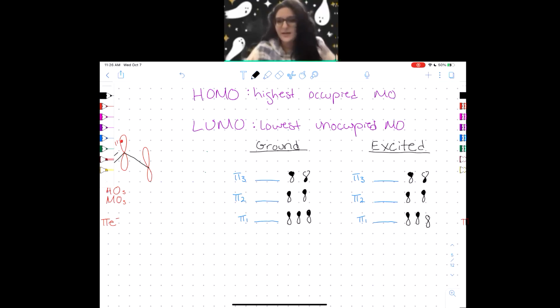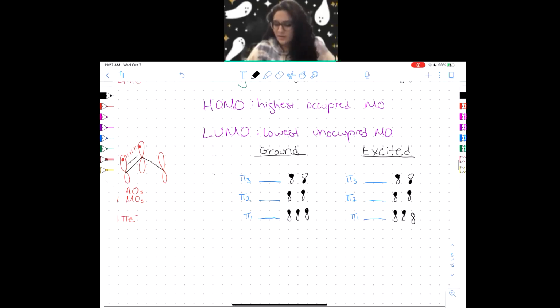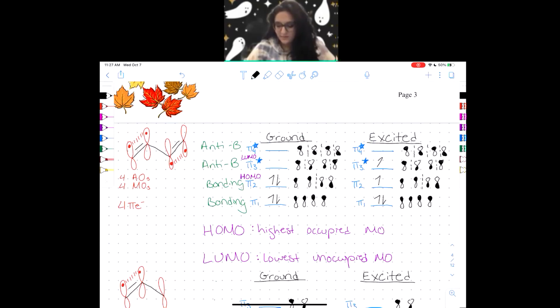And I think someone had a question, so let me look at that real quick. Okay, so someone said that they thought that for the excited state, the bonding molecular orbitals would be 3 and the antibonding would be 1. So that's a good, like a logical way to think. But like we said before, the naming for these orbitals is not going to change, because even though the one electron moves, the orbitals themselves don't change.